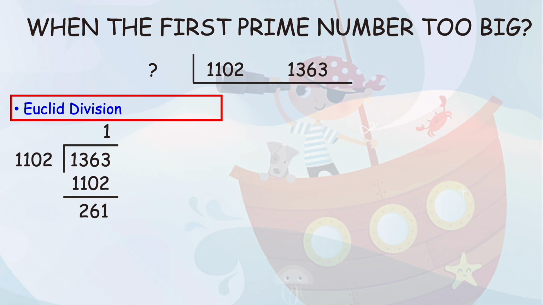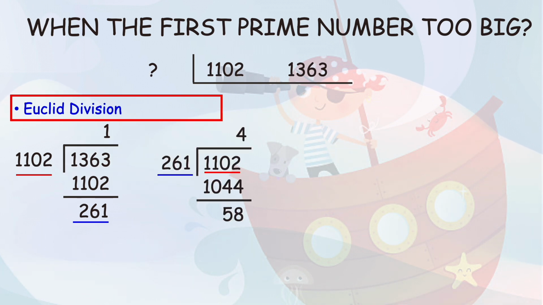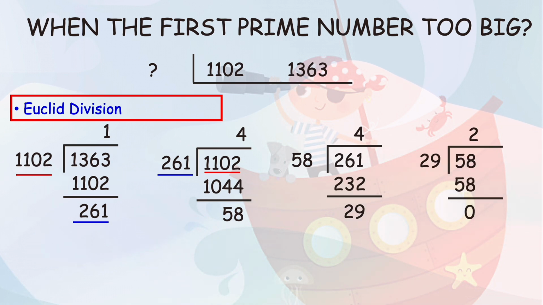We divide the large number by the smaller number and get a remainder that is always smaller than the divisor. Then we continue dividing the previous divisor by the remainder until the remainder is 0. The last divisor is the greatest common factor we are looking for.